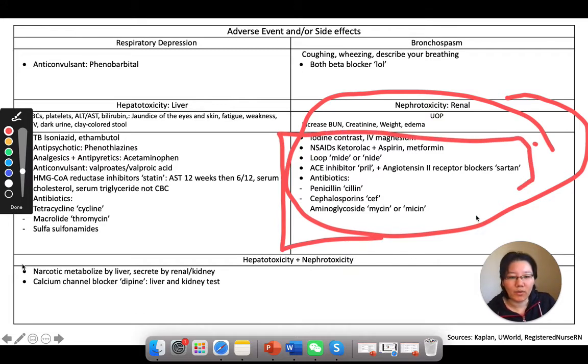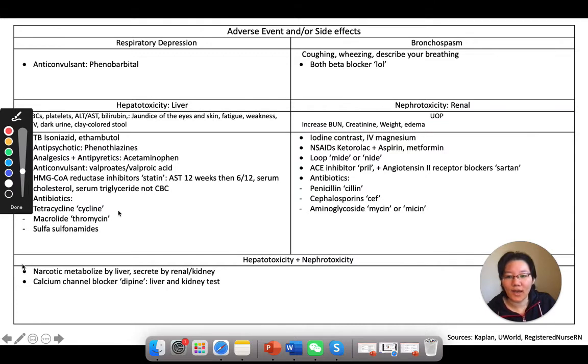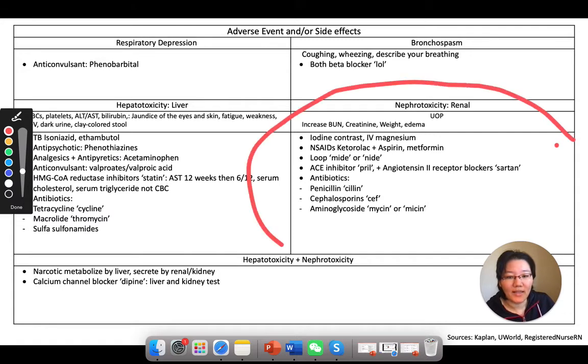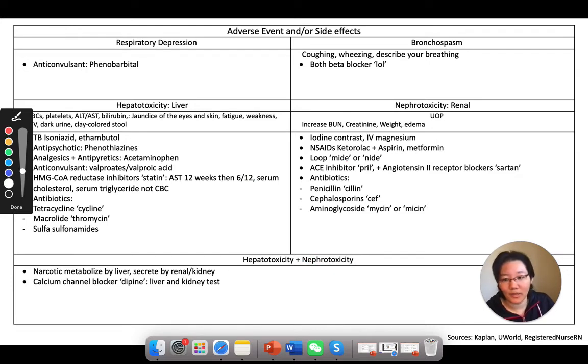I just remember all these drugs that are going to be excreted by the renal system, and leave the liver out, because you can't remember all of them. If you can't, then just remember one side of it. Let's say the renal side, and then on the exam, if it doesn't pop up from the renal section that you remember, then most likely it's going to be the liver that's secreting that medication.